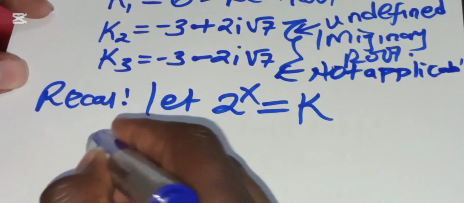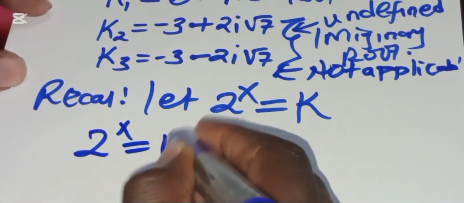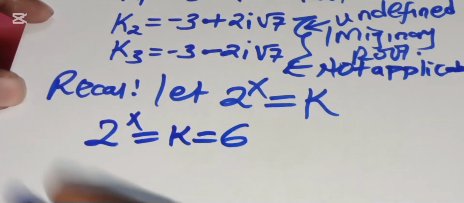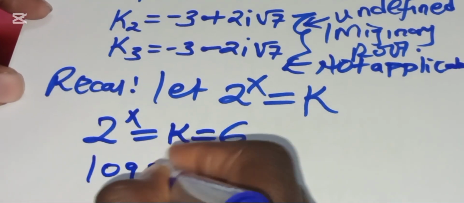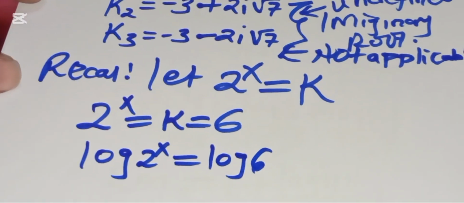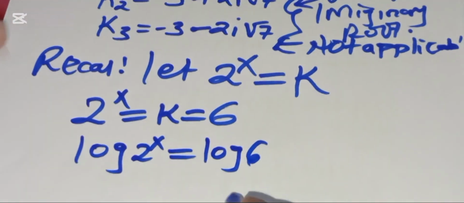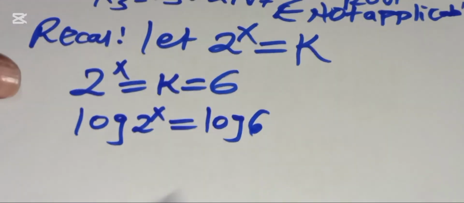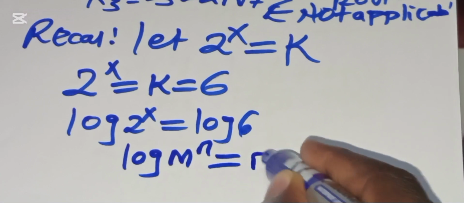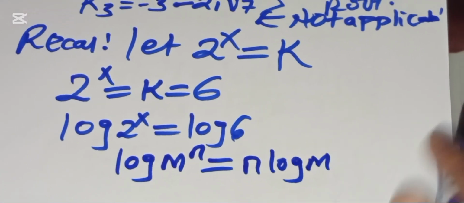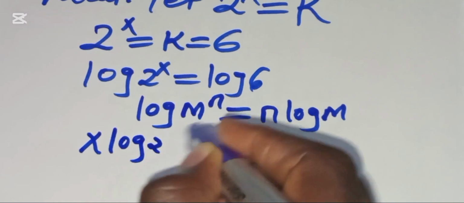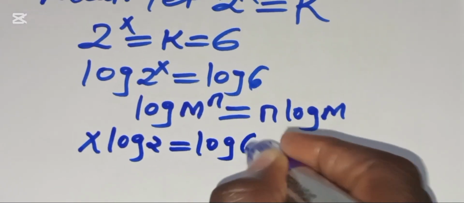So you're going to have 2 raised to power x is equal to k, which is equal to 6. So you're going to have log of 2 raised to power x is equal to log 6. Now, log 2 raised to power x is in the form of log m raised to power n, which we can express as n log m. So we're going to have x log 2 is equal to log 6.